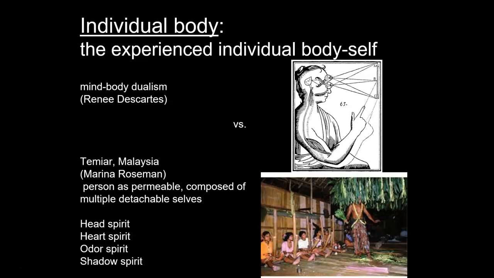So the version of the individual body that may feel the most familiar is not the only one. So again, as anthropologists, we want to think about how these things are done, understood, and conceptualized in a variety of cultural contexts. So the individual body refers to the experienced individual body self.